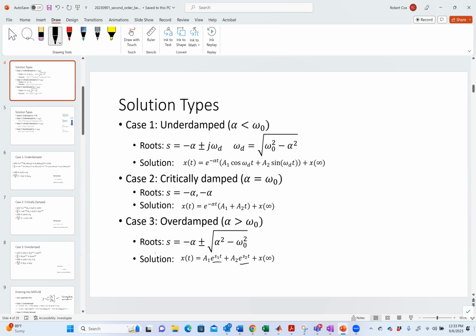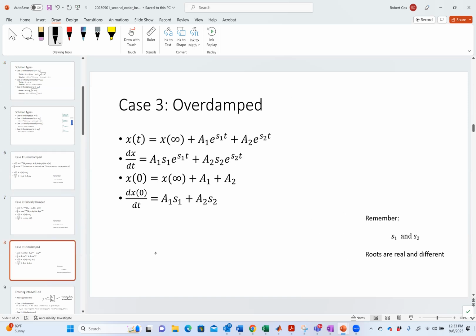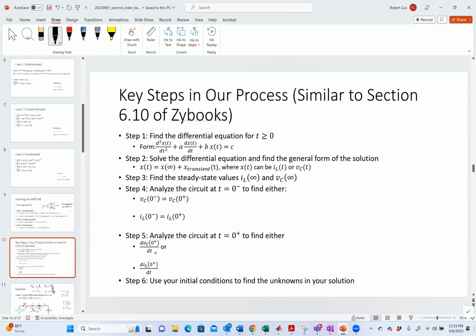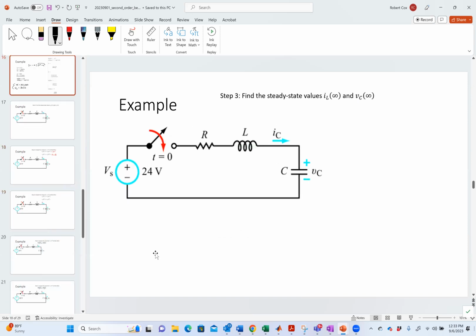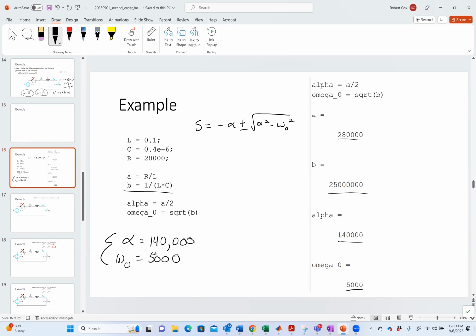There are 2 roots, S1 and S2. S1 for me is always the one with the plus sign, and S2 is the one with the negative sign. If I go through the math on this particular one, I end up with S1 equal to negative 89, and S2 equal to negative 2.799 times 10 to the 5th.